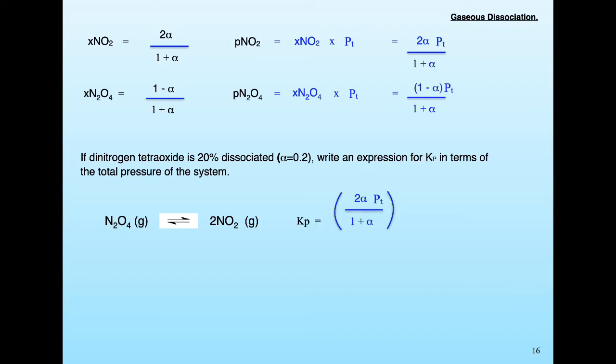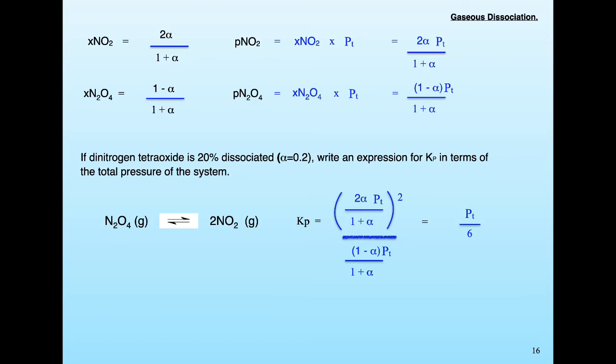Kp would be the partial pressure of the nitrogen dioxide, there it is, but we have to raise it to the power of 2 because it's 2 moles, divided by the partial pressure of the dinitrogen tetroxide, which is that. If you plug the numbers in, it becomes PT over 6. I'll let you do that.